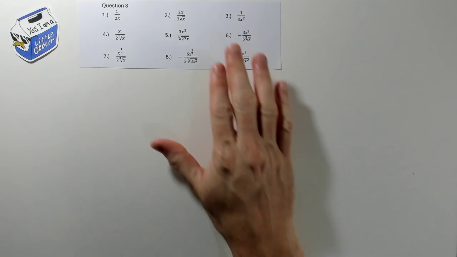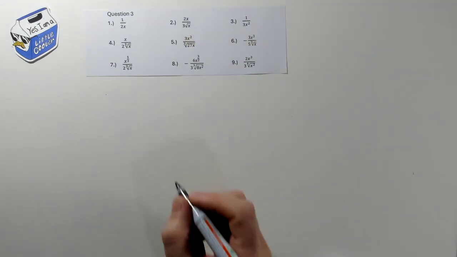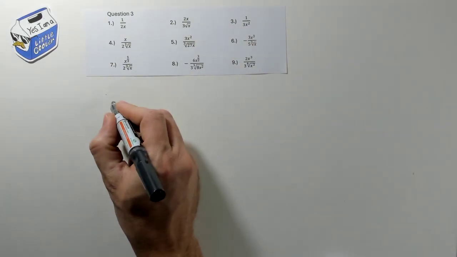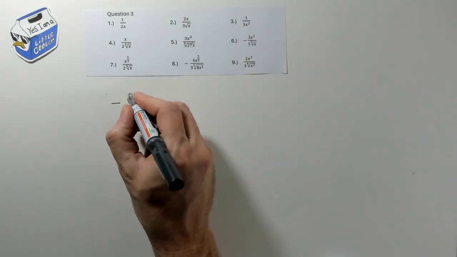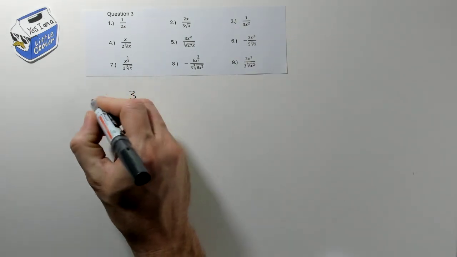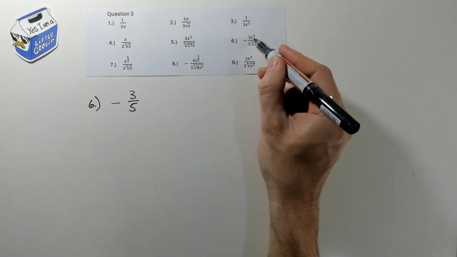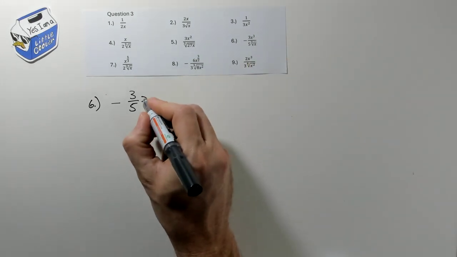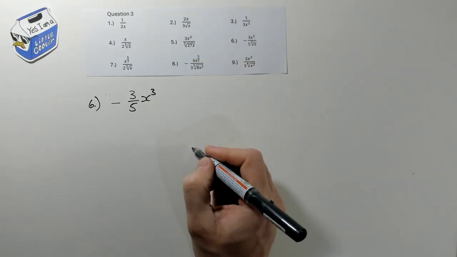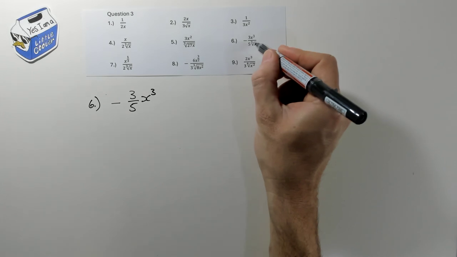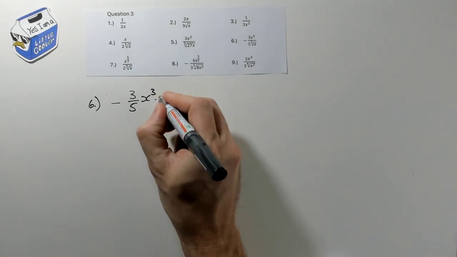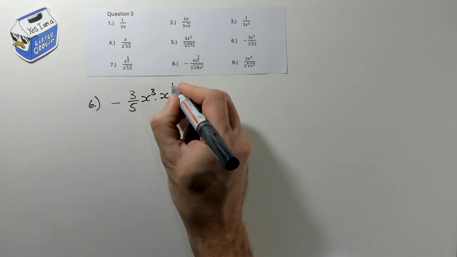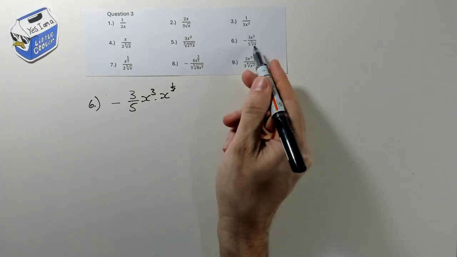Number 6. Not again, it was the first time we see a negative. I just keep the negative there. I have 3 over 5, so I keep that as 3 over 5. And the x cubed I keep there. And this is x cubed, but it's underneath the line, so it would be x to the power of a third.